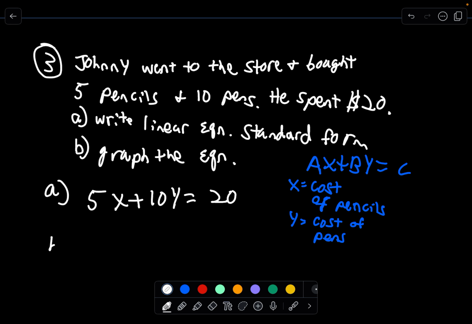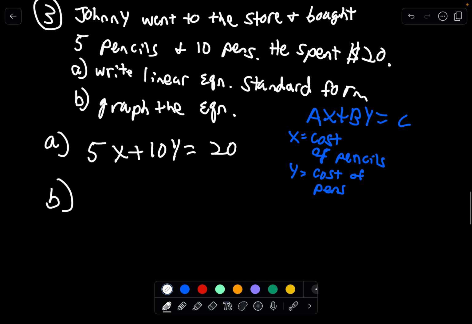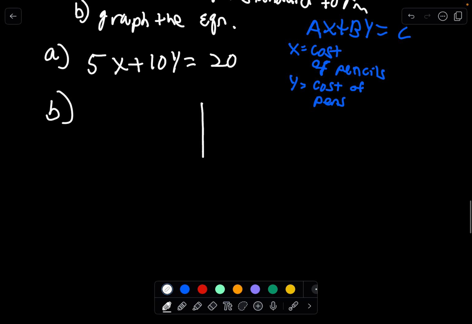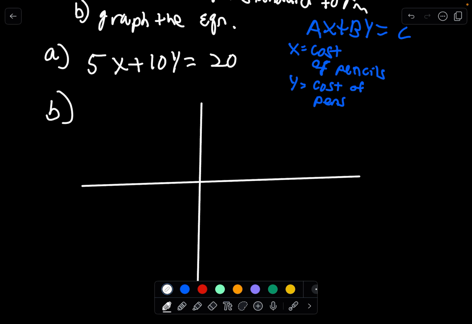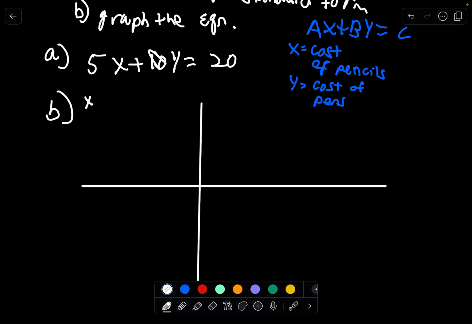B was to graph said equation. When it's written in standard form, easiest way to graph it would be to find the x and y intercepts. Gotta make sure that's straight. Okay, so the x-intercept, basically you cover up the y, and you see 5x equals 20, that tells you the x-intercept is 20 over 5.